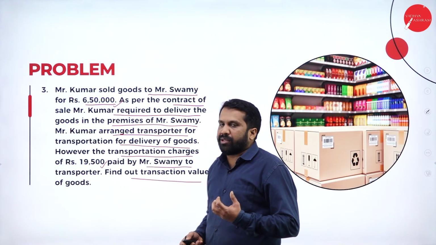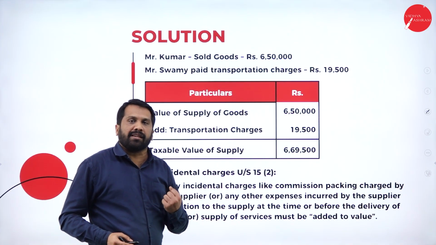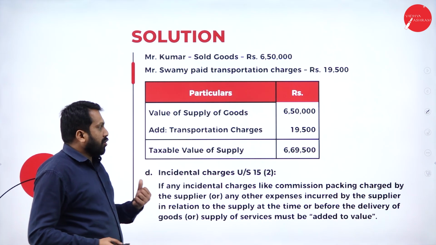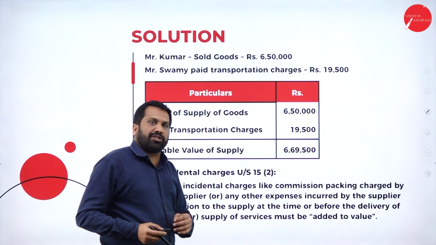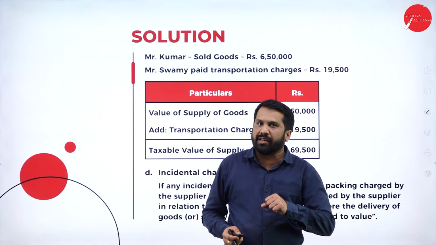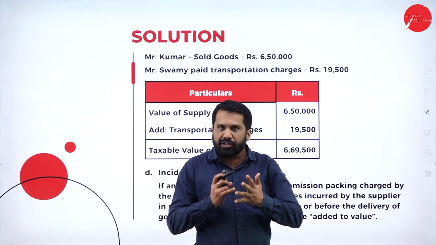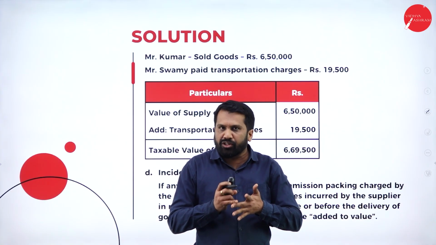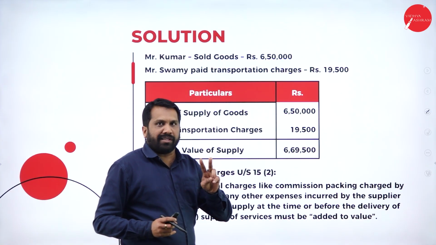See, the actual value is 6,50,000. Along with it, the transportation 19,500 is also paid. Should we include it or not? Always remember, in the previous session we did many problems. Whatever the selling price is, you should add all the transportation, pre-inspection, insurance, packaging, all the charges. Only two things should not be added.